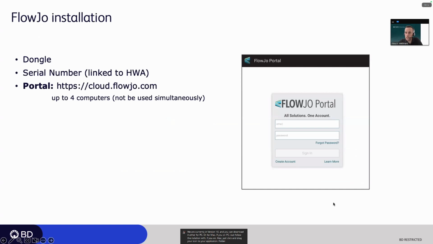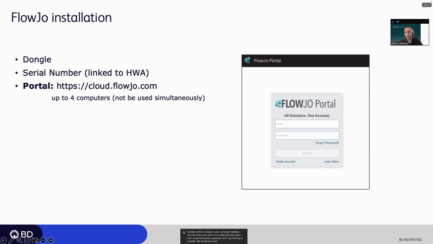Now that you have Flojo installed, you need a license, and there are three types of license available for Flojo. We have the dongle, which is a USB key that you put on your computer and give you access to the software. We have the serial number, which is linked to your computer hardware address. And we have the portal, which is a credential-based login with a username and a password. Dongle and serial number, we are phasing those away.